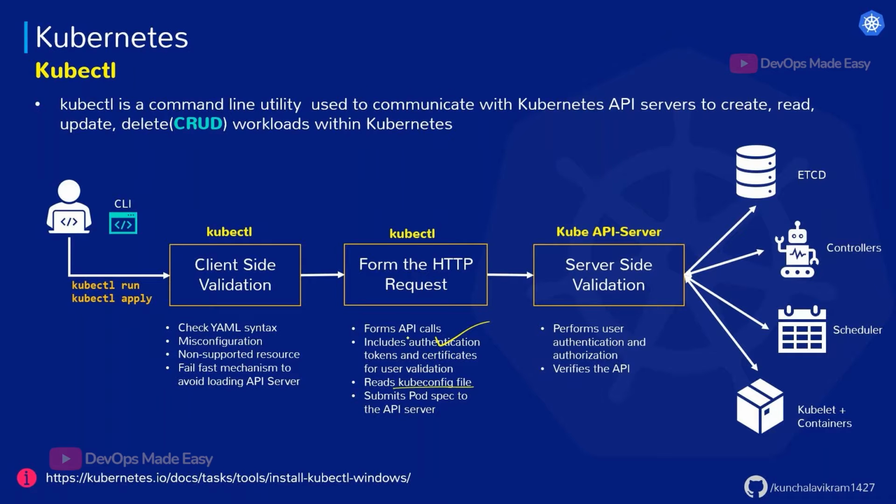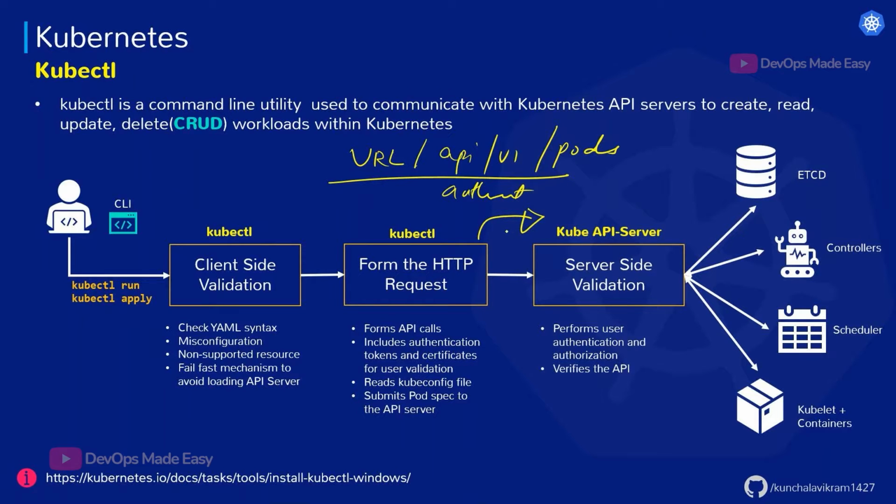Let's say you intend to list all the pods. There will be an API call, usually in the form of some URL slash api slash v1 slash pods, let's assume. Along with this URL, authentication information will also be added to that REST API call, and then it will be sent to the API server.